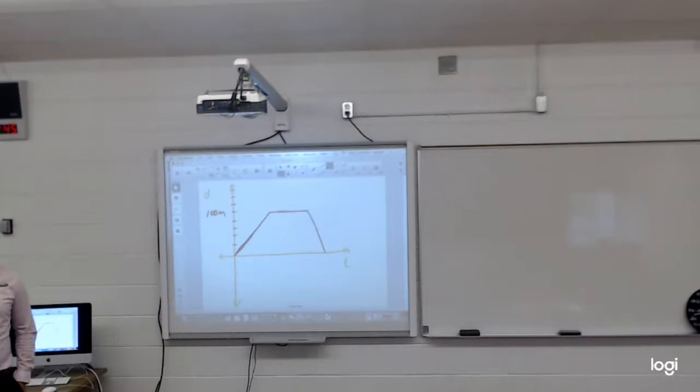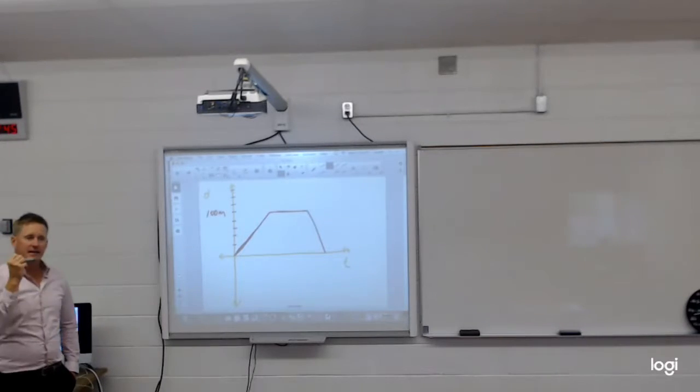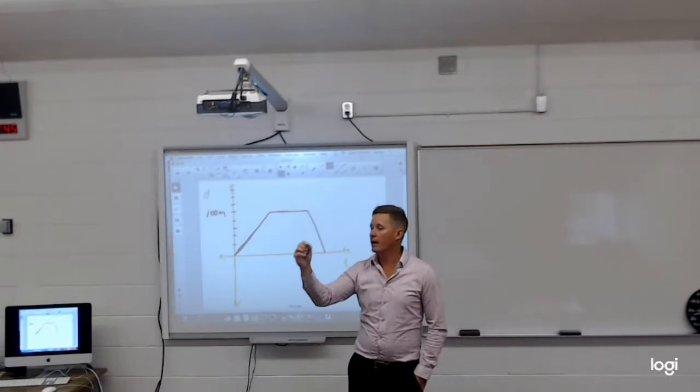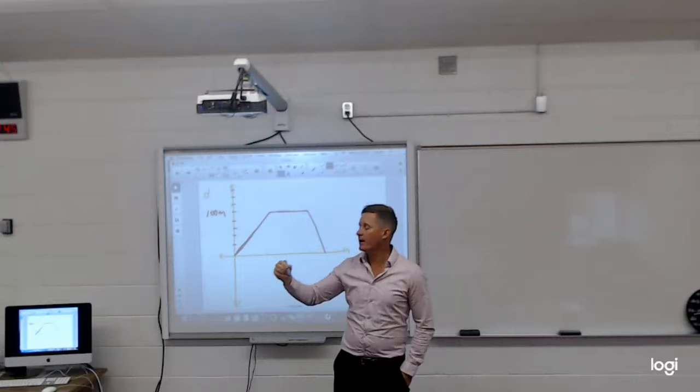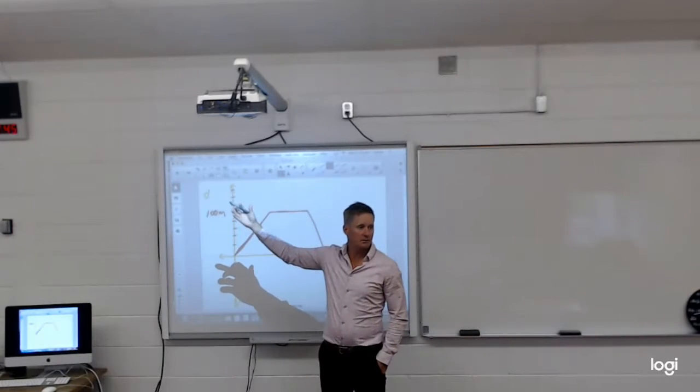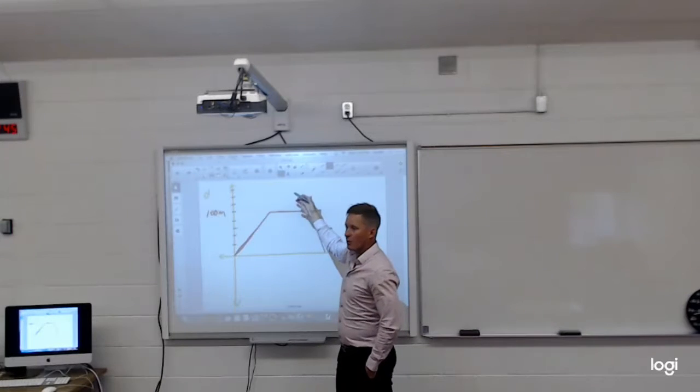But if you actually find the slope of that line, it's going to be a negative value. So what does the negative value in velocity show? Change in direction. Yes. If I said that the fire hall was north, which it is, it's north of us. It is northeast of us, yeah.